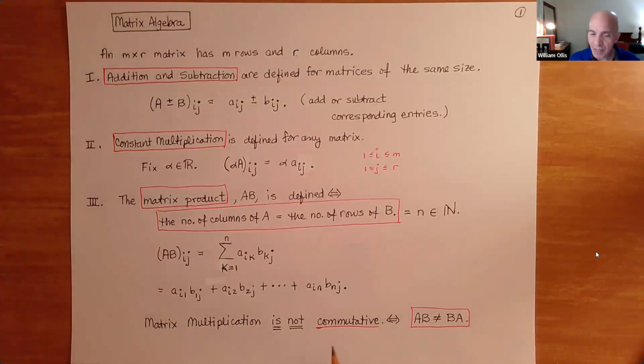Now, one thing that you might be thinking of, and this has probably already crossed your mind: matrix multiplication, or the matrix product, is not commutative. For instance, even if the product is defined in the reverse direction, there is nothing to guarantee that the products would be equal. So we do not have the commutativity of matrix multiplication.